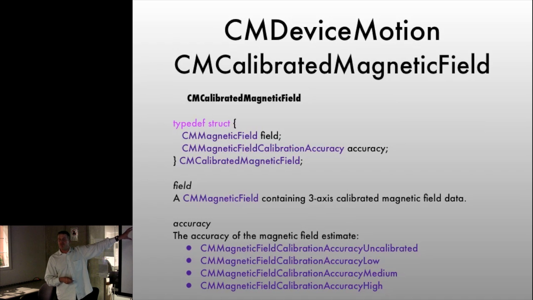These are the fields that can tell the operating system, or that can tell the compass, when it needs to be calibrated. You can find out what the current magnetic field is, and you can also find out the accuracy as well. The accuracy field comes out with one of these constants if it hasn't been calibrated yet, if it's low, medium, or high.